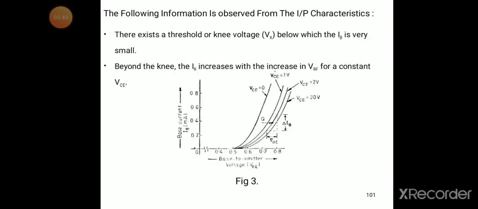So generally you can say that the input characteristics of the common emitter is nothing but the graph between VBE and IB when VCE is constant. That is called the input characteristics of the common emitter configuration. You need to remember that.